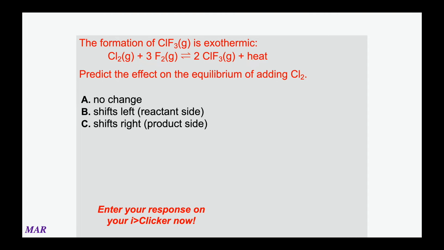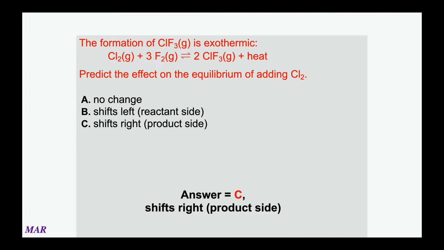So if you add chlorine, you should end up with more ClF3. That's going to be a shift to the product side. And this is exactly what we saw in the video. We added a reactant. The reaction shifted to the product side, a shift to the right. Adding makes the reaction shift to the opposite side of what you add.